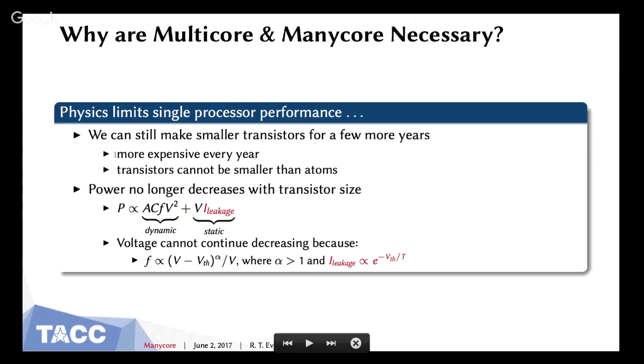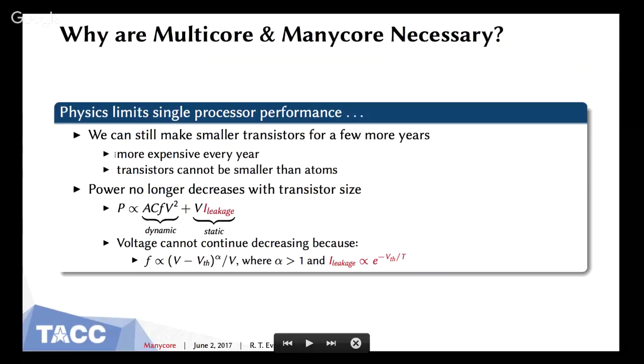And that's just constantly going on in the background. And that leakage term is becoming comparable to the term that we want, which is driven by the frequency. And so now we can't really make that leakage term any smaller anymore. So we're hitting a physics limit with the technology we currently have.